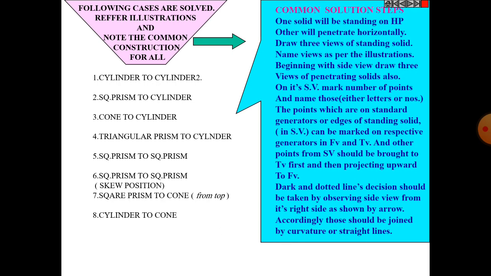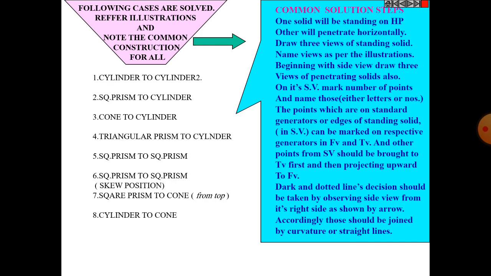Common solution steps are given in the problem. First, one solid will be standing on HP, the other will penetrate horizontally. Always remember that in intersection of solids, one solid will be standing on HP and the other will penetrate horizontally.